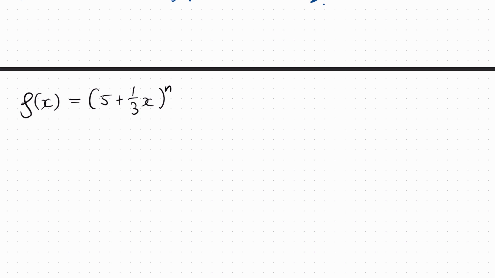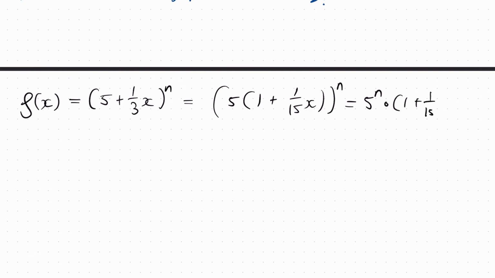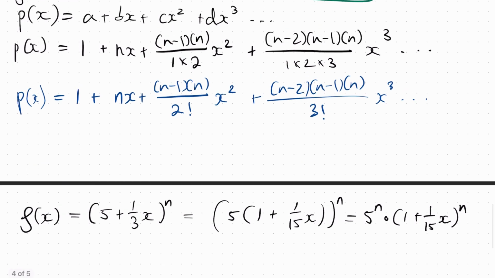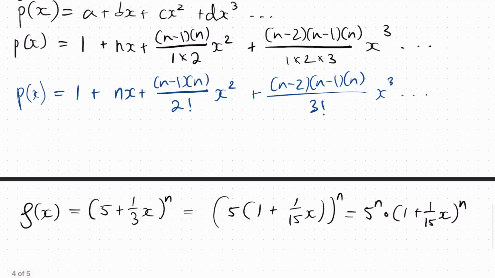All we have to do is factor out this 5. So put this all in brackets, and we can just factor out the 5. Then we can expand it out normally, because then we can just put 5 to the n multiplied by 1 plus 1/15 x, like so. And then we can use our expansion over here for this, just put in, instead of x, 1/15 x, if that makes sense.